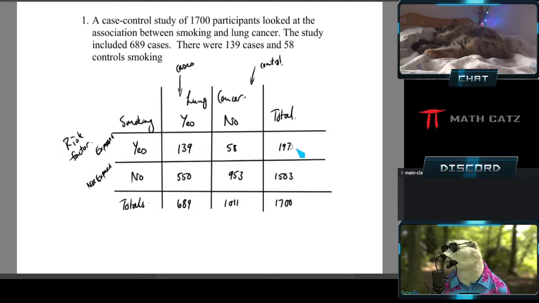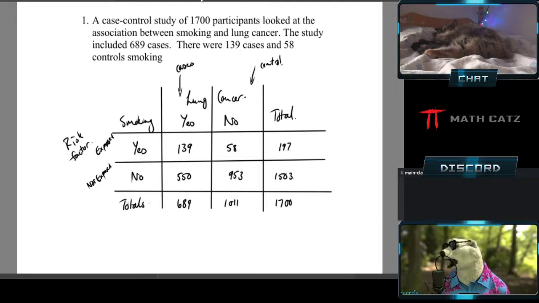So given you're exposed to the risk factor, what is the percentage that have lung cancer? Match this with the marital status and postpartum depression example, and we're really just copying that.